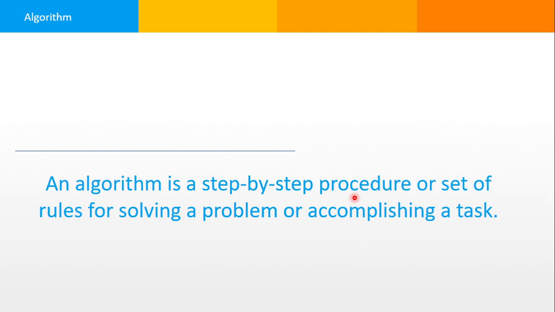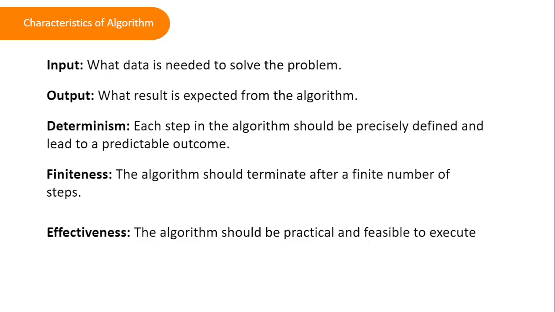Now, it is important that, having understood what an algorithm is, you also get to know some characteristics that come with an algorithm. And so the next thing we are looking at is the characteristics of an algorithm.